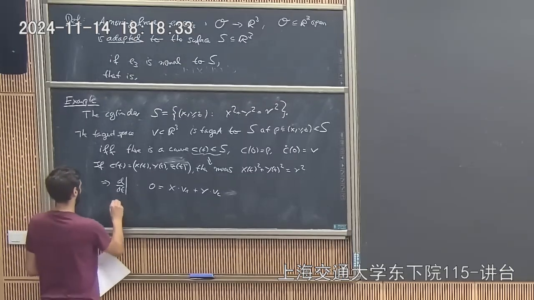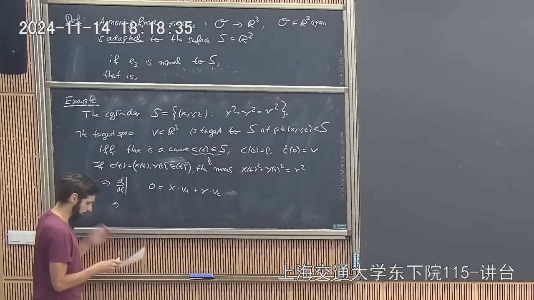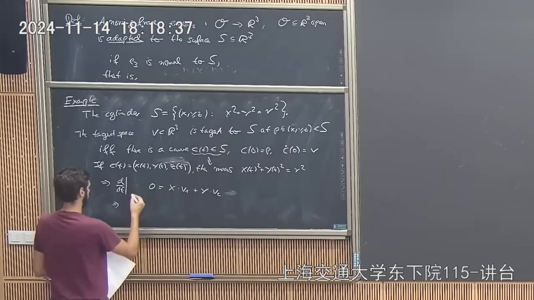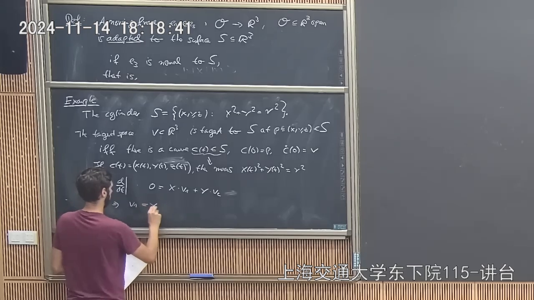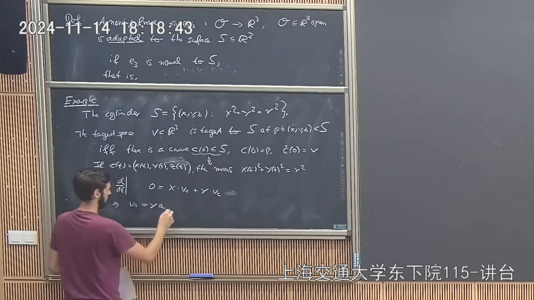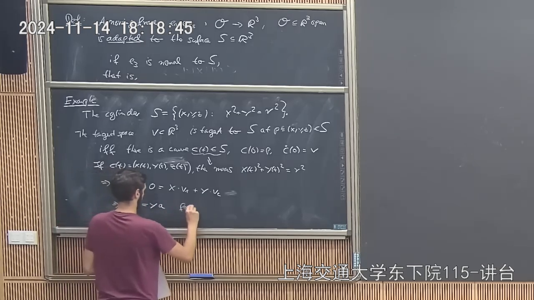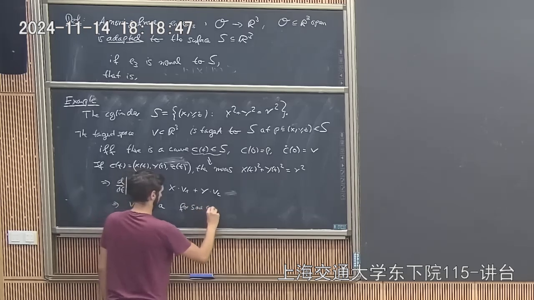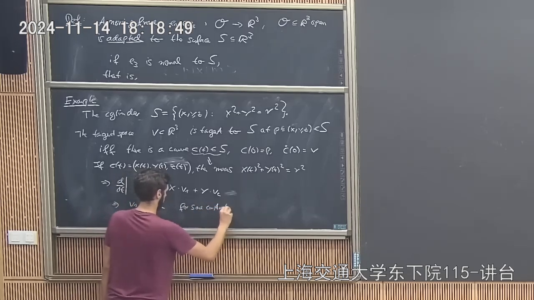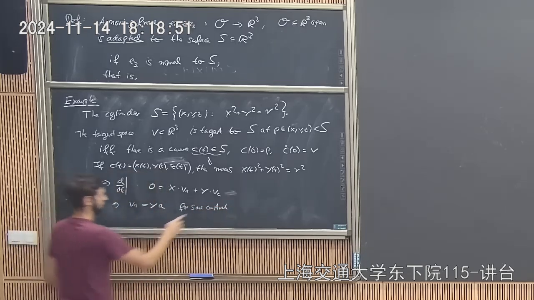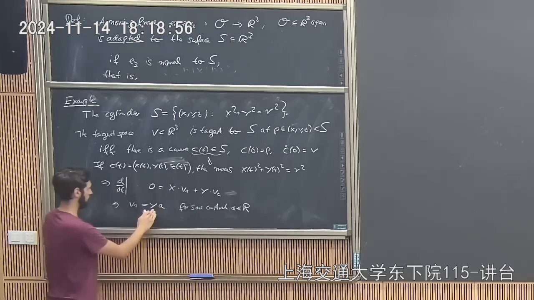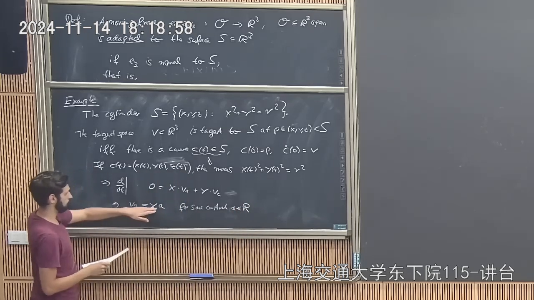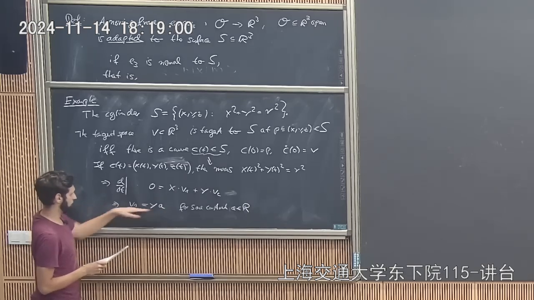So this implies that for an arbitrary tangent vector, v1 is some constant times y. Because y is always non-zero, we can always write this.